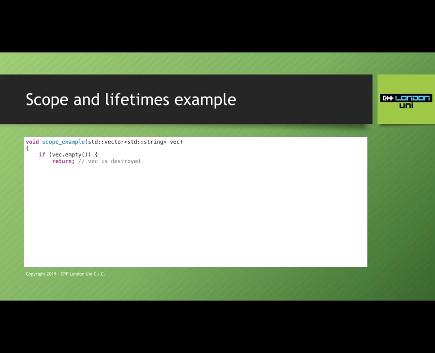The first thing we do is say, okay, if the vector is empty, just return straight away. Don't bother trying to do anything else. If we leave the function here, then this vec object has its destructor run. In this case, if the vector was empty, it didn't actually have anything to destroy, but still, the destructor is going to be called, because this object is in scope at the time that we leave the function.